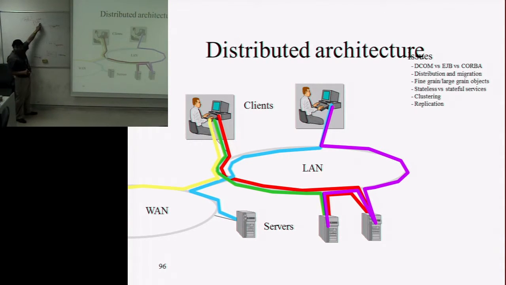So you have to write an interface to communicate between the client object and the server object, the client application and the server application. So interface definition language is providing the interface for communication.